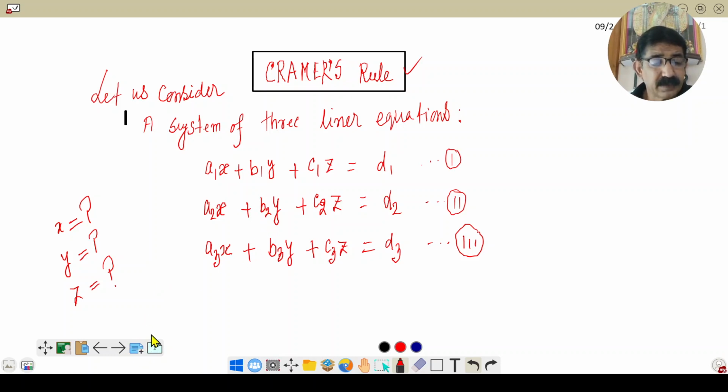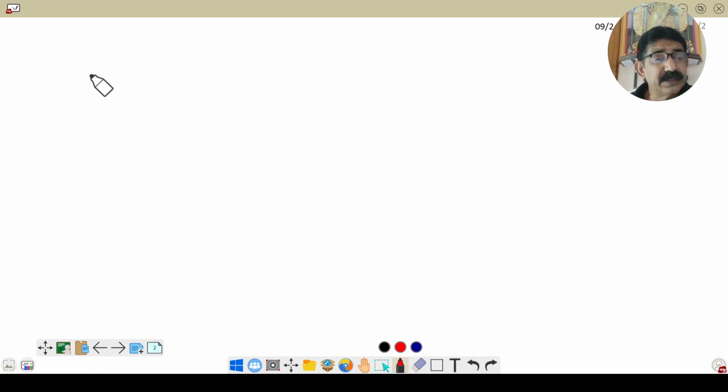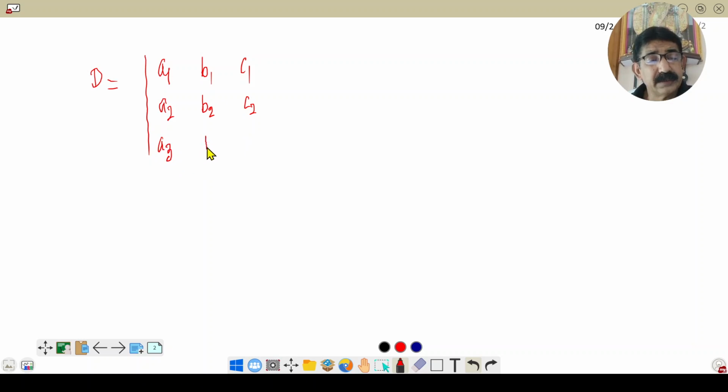Okay. Now, suppose D is a determinant, and D is equal to, here, in the form of determinant, A1, B1, C1, A2, B2, C2, A3, B3, and C3.